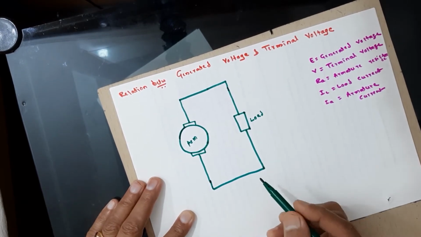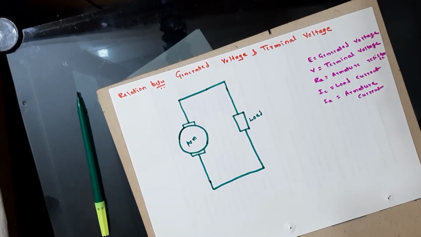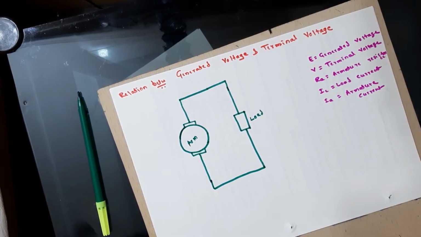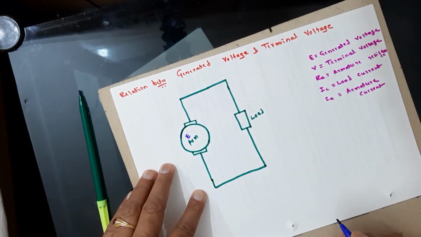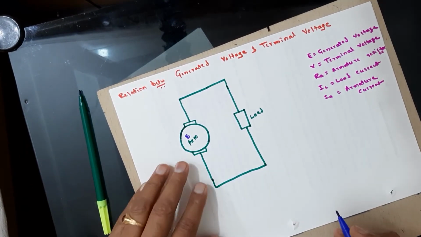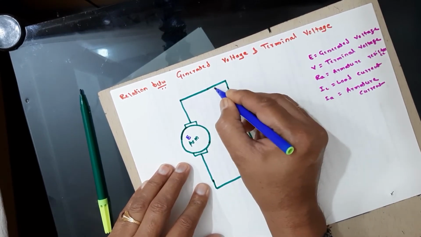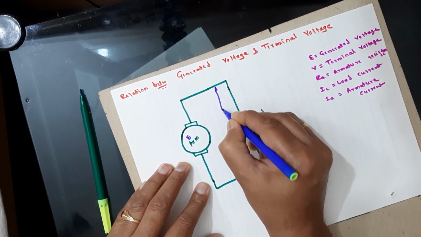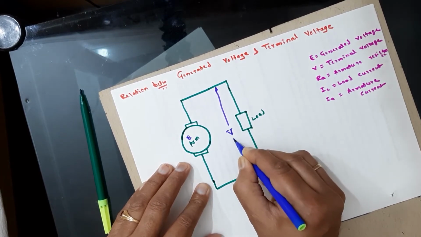The voltage generated in the armature, I am calling the generated voltage E, whereas the voltage available across the load is the terminal voltage V.